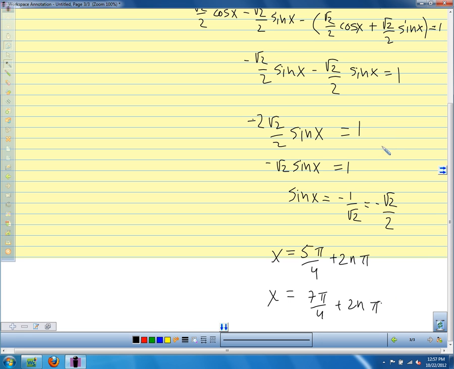Questions on that one? All right, that's all I wanted to show you today. So the homework is just more practice working with these sum and difference formulas. We have a quiz on Wednesday.